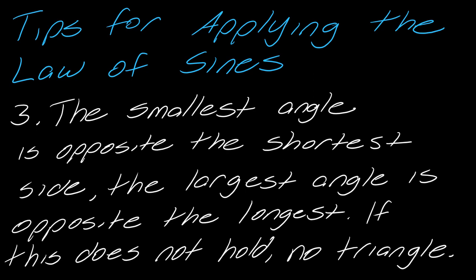That's very important. Or the largest angle is opposite the longest side. If this does not hold, the triangle does not exist. Just keep this fact in mind. This is something to help you with your intuition. It's just a consequence, so keep it in mind as we're going through everything.